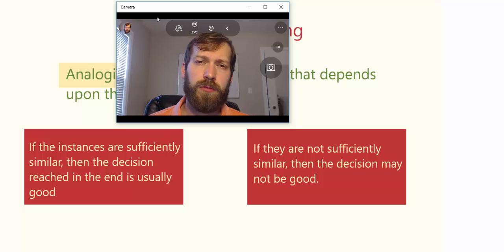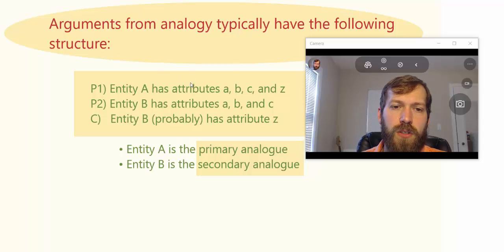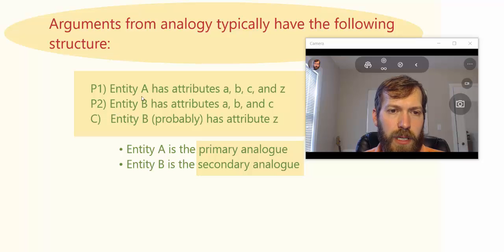All right, let's turn to looking at the general structure of analogical arguments. Analogical arguments, we said, operate on comparing things. So we need at least two things. You can have more, but we need at least two.